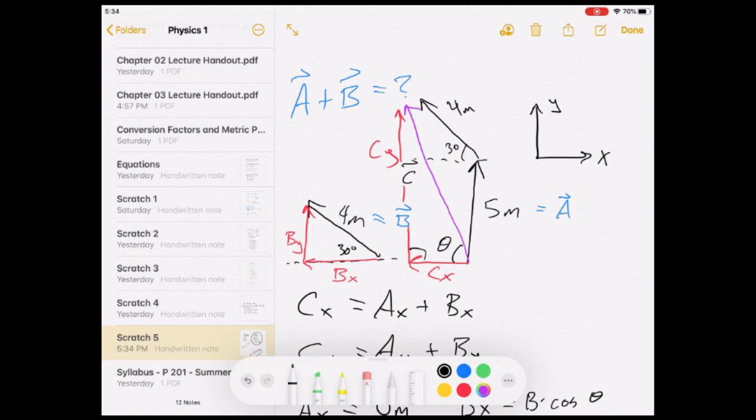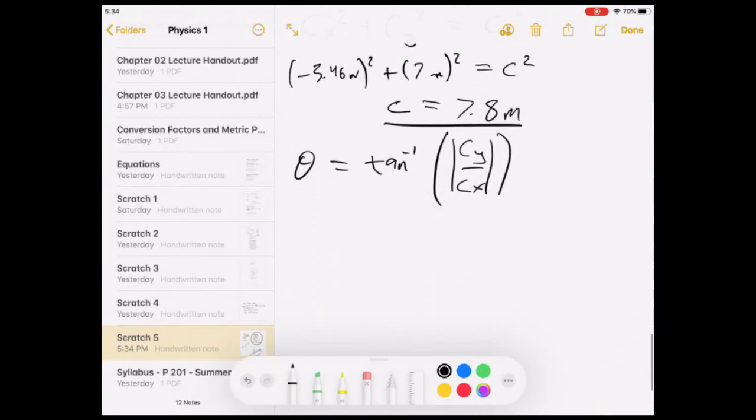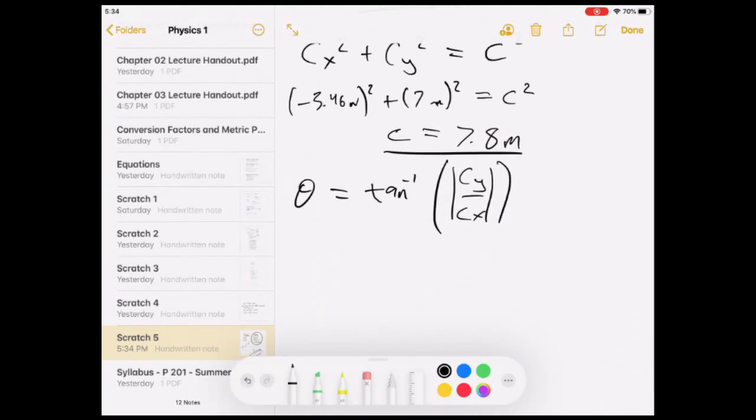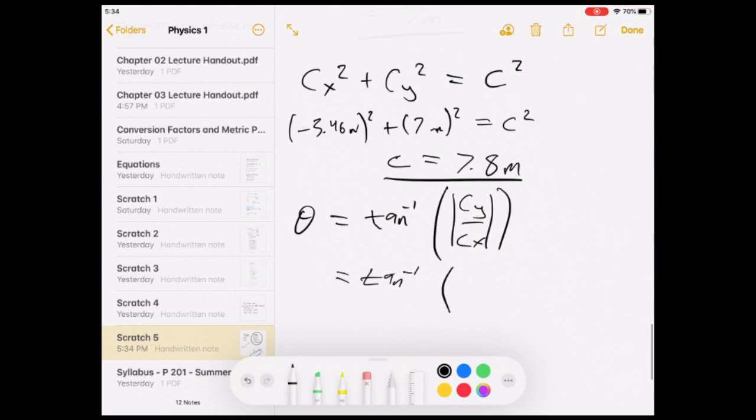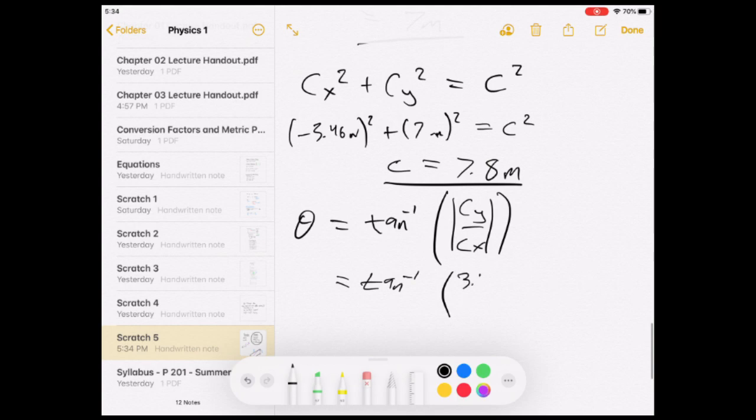If I know right triangles, then I can just do things pretty well. And so what I'm arguing is that's why I'm ignoring a negative sign here. Okay, so let's plug in. We're almost there, you guys. Okay, so CY, the absolute value of CY, that's 3.46 meters divided by 7 meters.